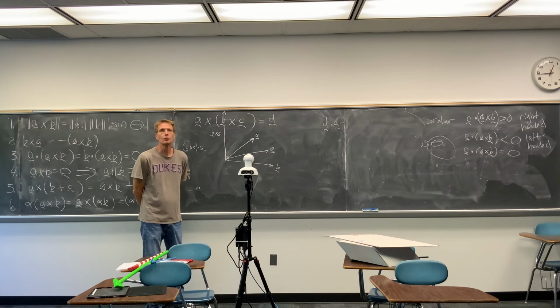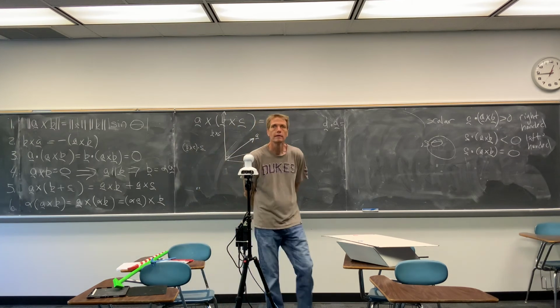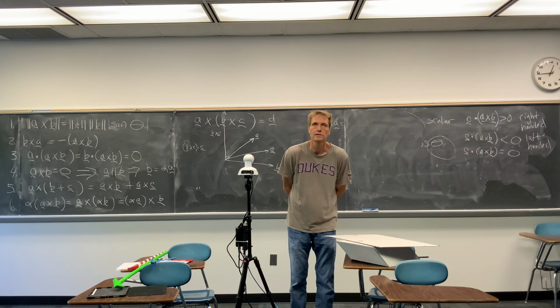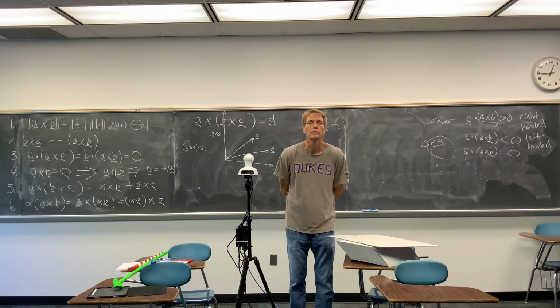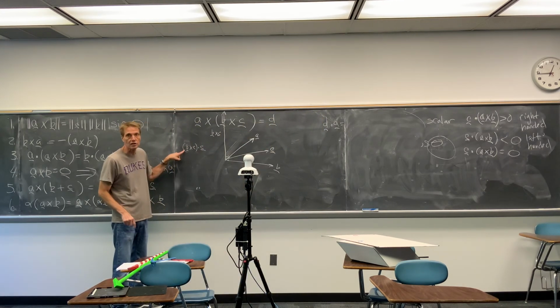What's the angle between C and B cross C? Because you're going to get this. Pi over 2, 90 degrees. What's the cosine of 90 degrees? 0. So C dot B cross C has to be 0.